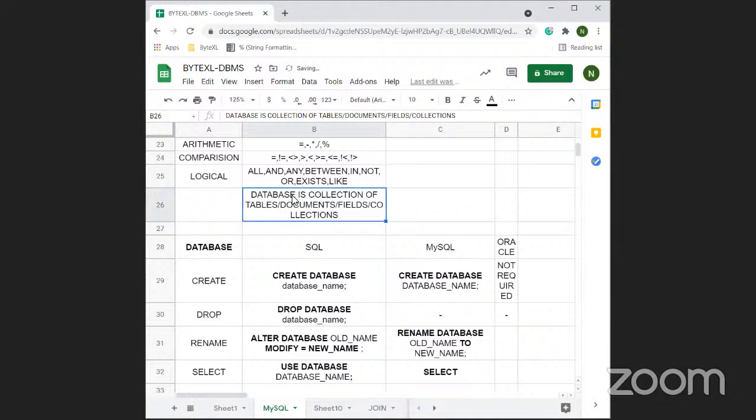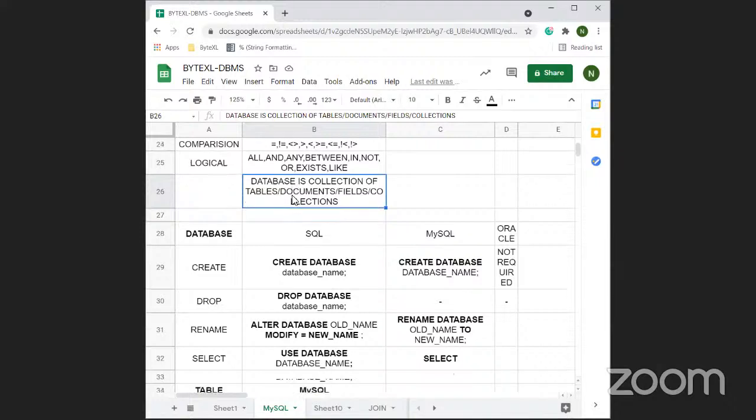If it is a NoSQL language like MongoDB, it is also a database management system only. There, instead of tables, we will have collections, separate records. So this is an apt definition for that.